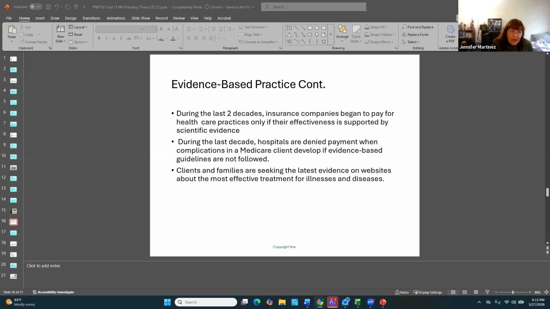Clients and families as well are seeking the latest evidence on websites about the most effective treatment for illnesses and diseases. And so, yes, not everybody has access to computers and the internet, but a lot more people are starting to look up what are the best treatment options for whatever disease. We have to be able to take that into consideration as well.